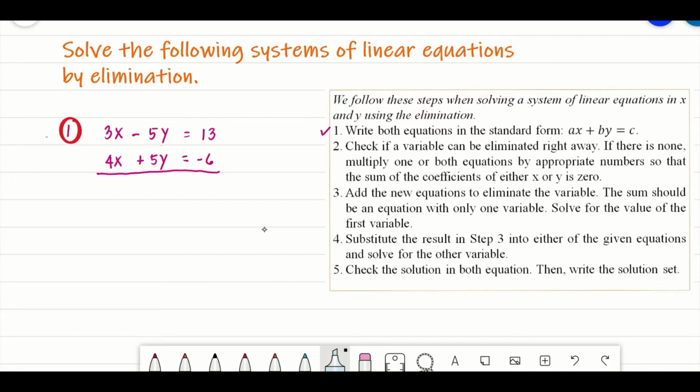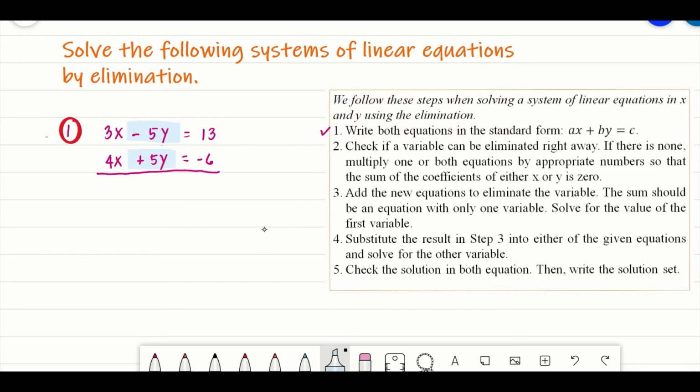Now let's see if we can eliminate the variable y right away. In our first equation, the term containing the variable y is negative 5y. In our second equation, the term containing the variable y is positive 5y. When we add negative 5y and positive 5y, will it result in 0?